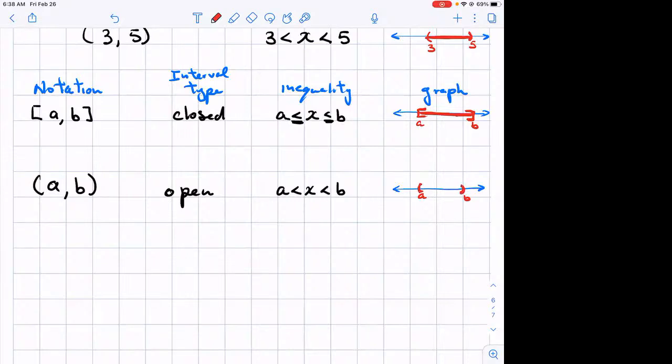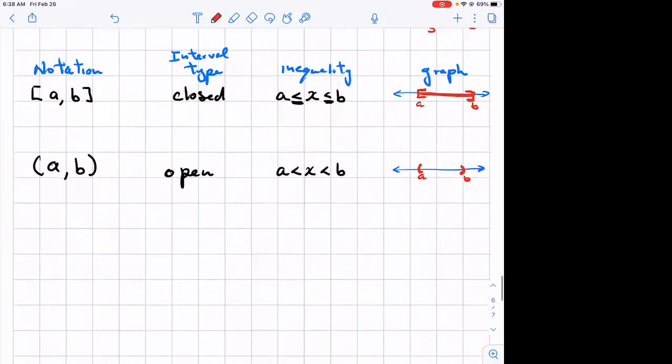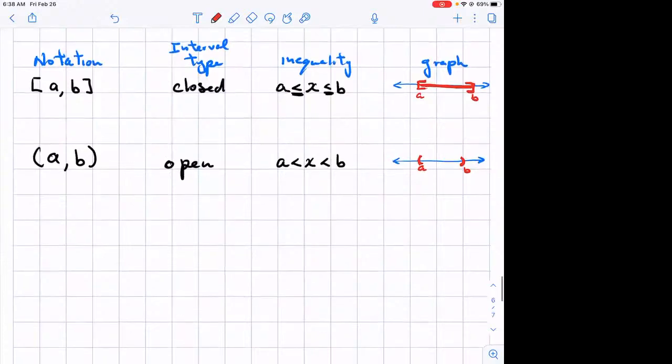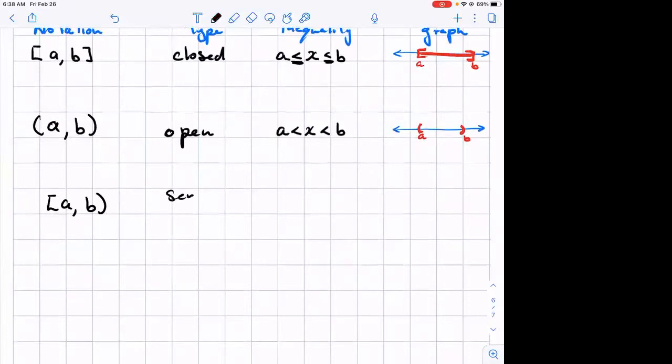And we can also have an interval where only one side of it is open. So for example, we can have an interval of [a, b). So this is semi-open. It's not fully open, it's not fully closed. I just call it semi-open.